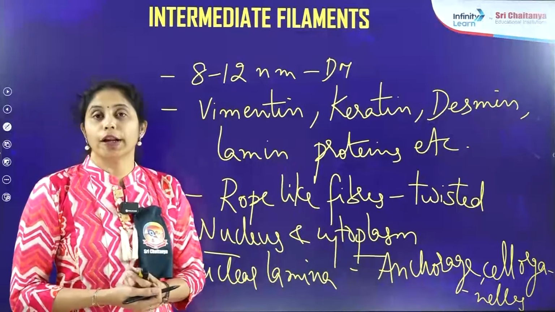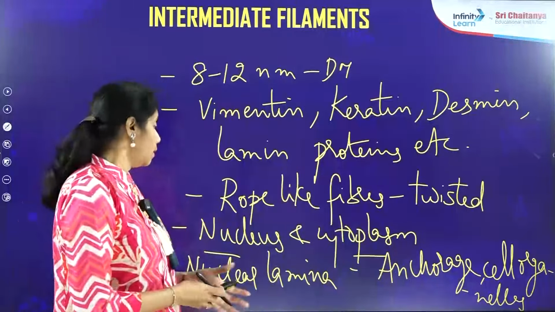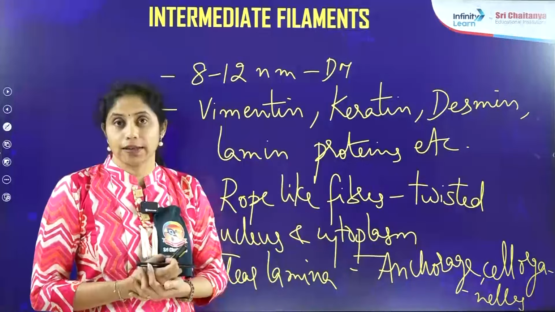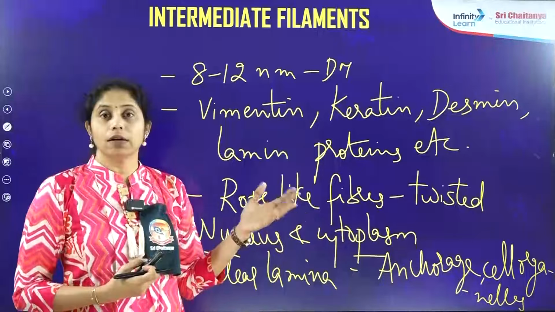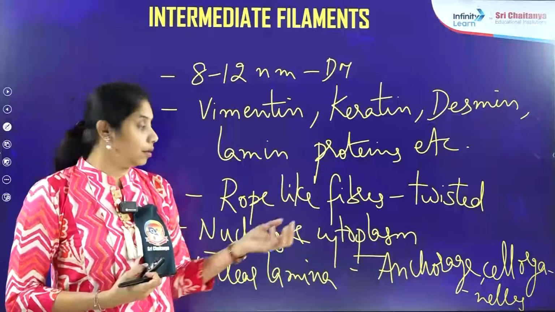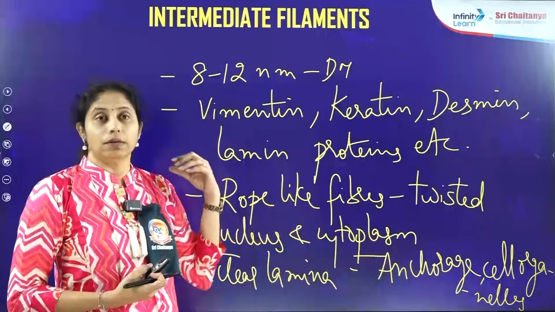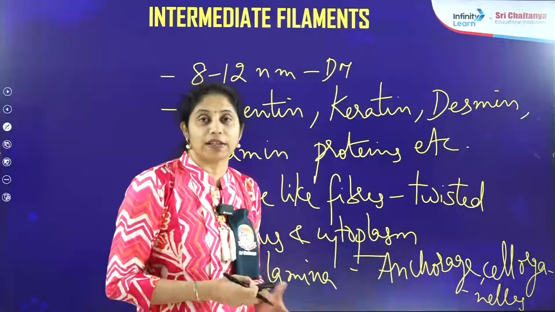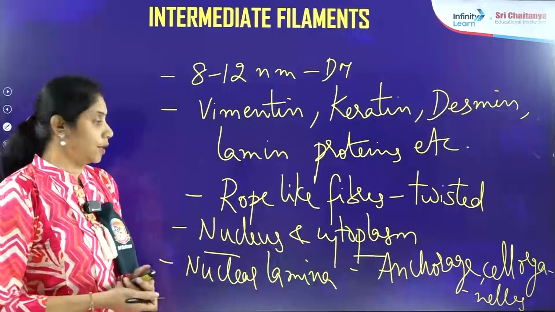They help in maintaining the shape of the cell, and in positioning the nucleus and various cell organelles in their place, and they connect one cell to another through extracellular matrix connections, desmosomal connections, etc. These are the basic functions of intermediate filaments.